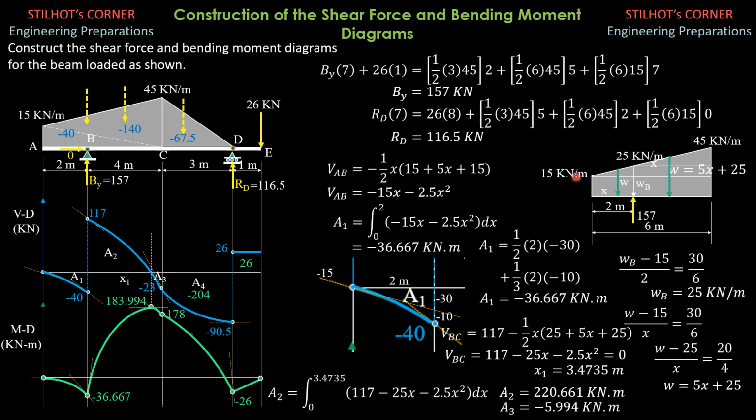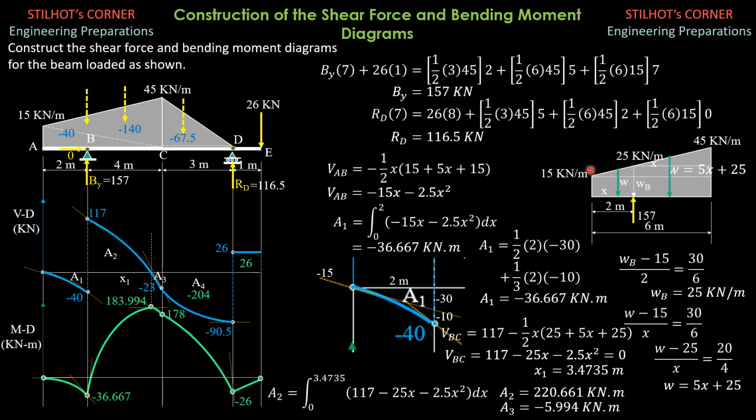WB minus 15 is to 2 meters as 45 minus 15, so this is 30, is to 6. So WB is 25 kilonewtons per meter. So that's why you have 25 kilonewtons per meter there.